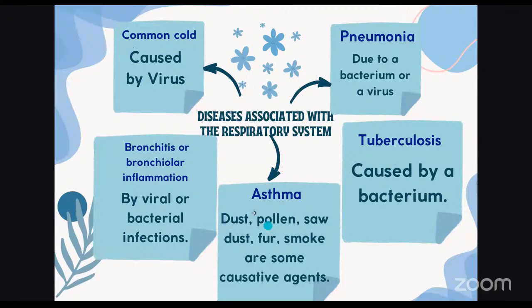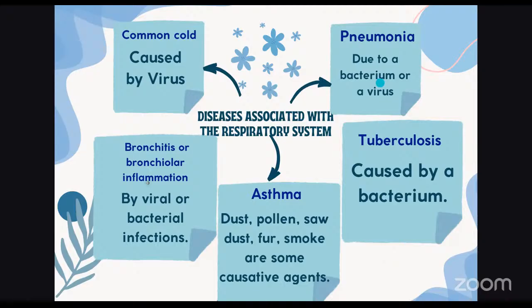You can see here, common cold is caused by a virus. Bronchitis, bronchial inflammation, is caused by a virus or a bacterium. Pneumonia also can be caused by a virus or bacteria. Tuberculosis is caused by bacteria. Asthma is caused by dust, pollen, sawdust, fur.